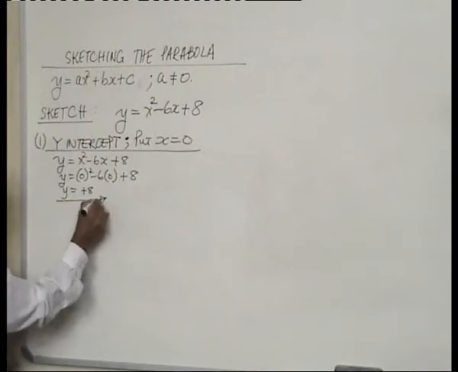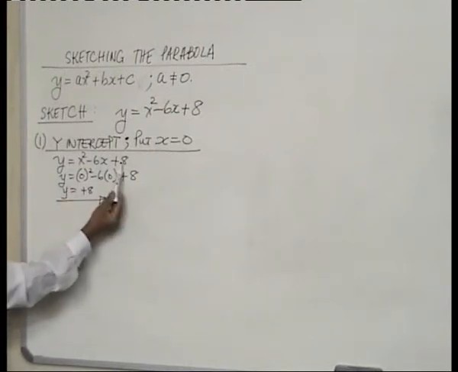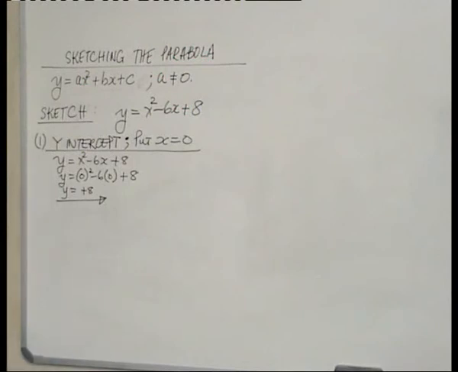So you are a smart aleck and you tell yourself, well, when it comes to parabolas in the future, I won't waste time doing this substitution. If it's written like this, I know that 8 is the y-intercept. Alright? So step 1 is completed.